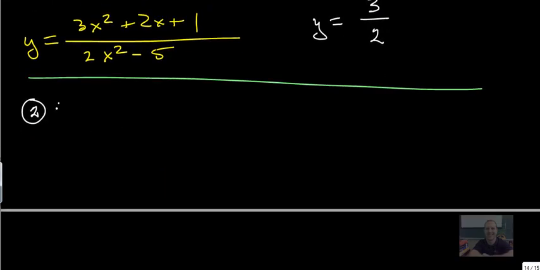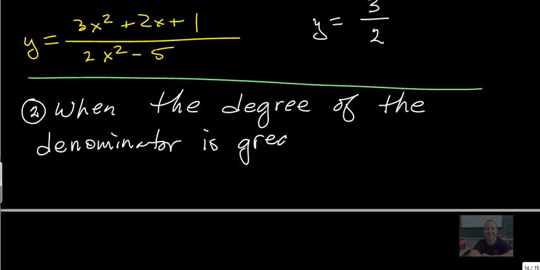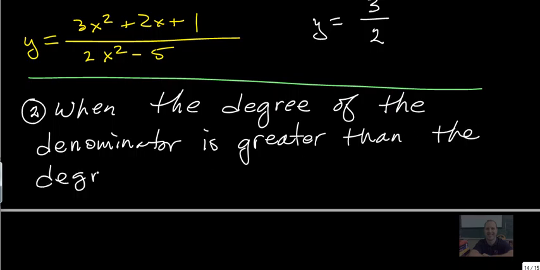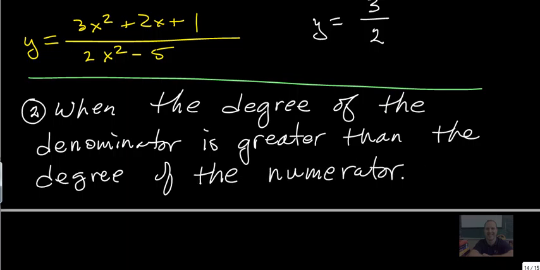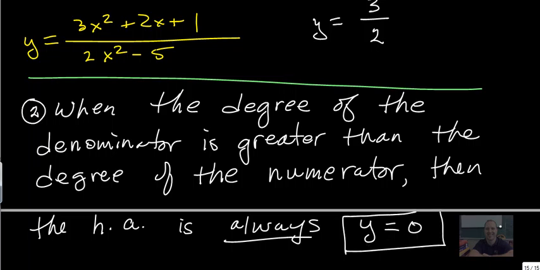Number 2, when the degree of the denominator, so that's the one underneath, is greater than the degree of the numerator, then the horizontal asymptote is always y equals 0. That one's an easy one.